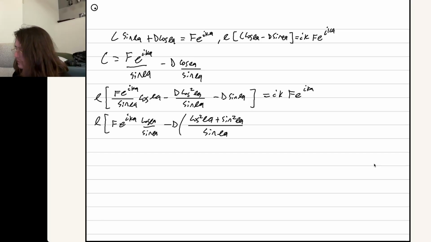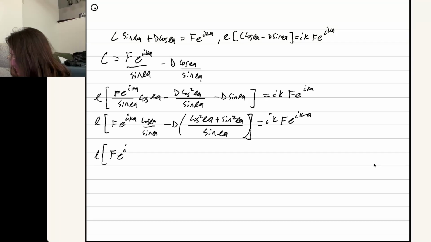All I did was collect the terms under the same denominator there. And you see that that numerator is just 1, so we have L F e to the ika cosine La over sine La.